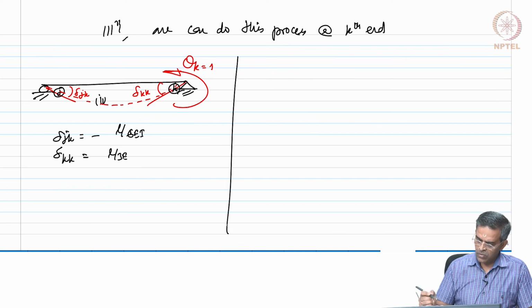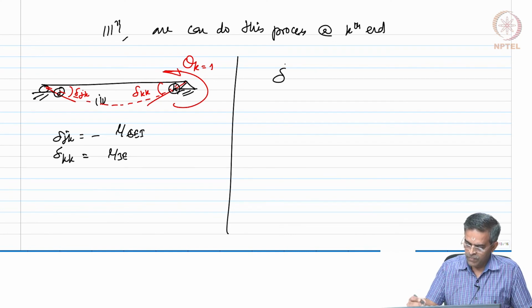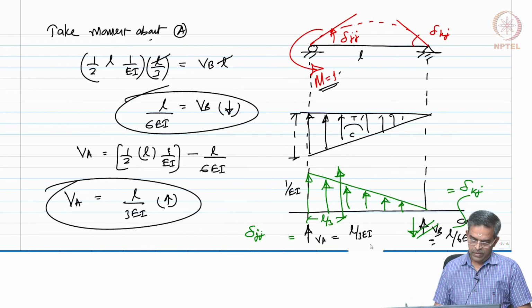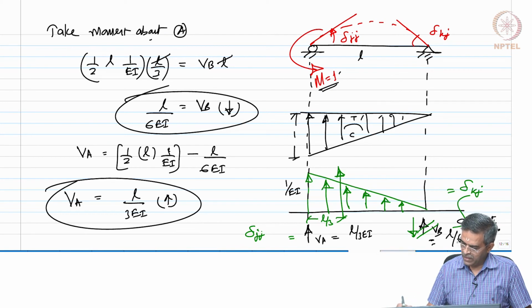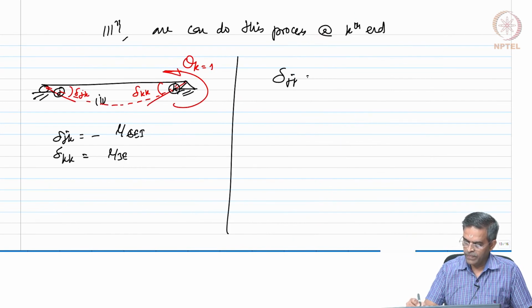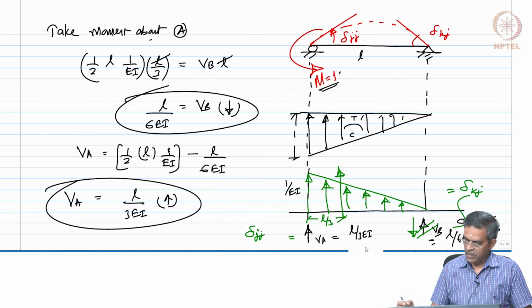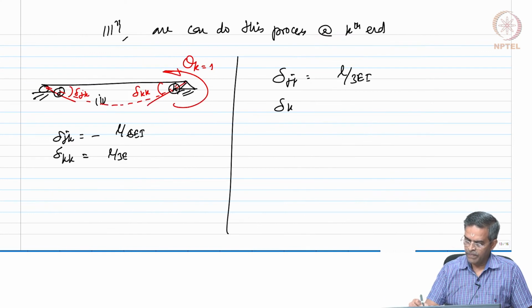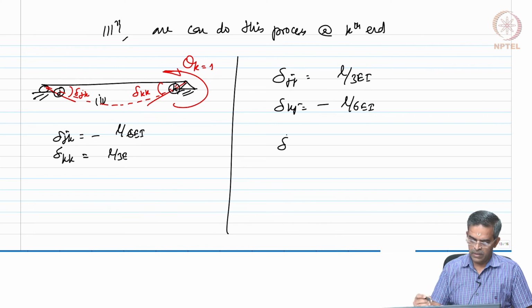So, we have now all the 4 values. We have del Jj as L by 3EI, del Kj as L by 6EI, then del Jk as minus L by 6EI and del Kk as L by 3EI.